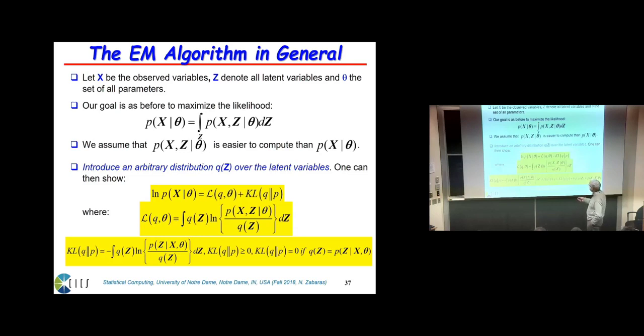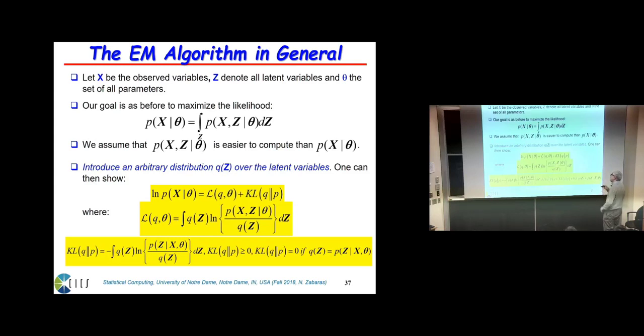This equation says that the log likelihood of the data X is what is called the lower bound, I will explain the arguments, plus the Kullback-Leibler distance between an arbitrary distribution Q, so Q is arbitrary, and P, the posterior distribution of the hidden variables Z given the data X and the parameters.